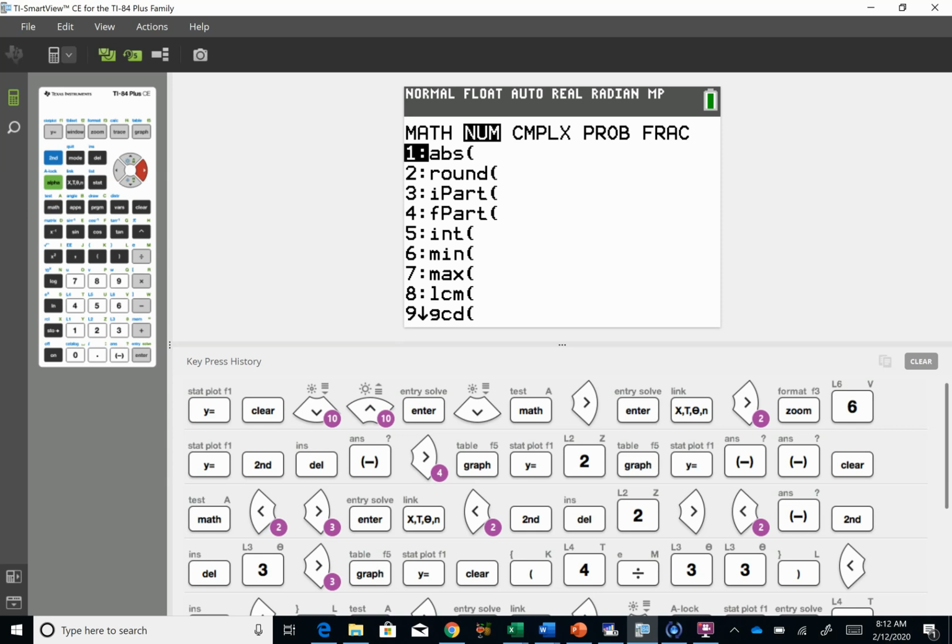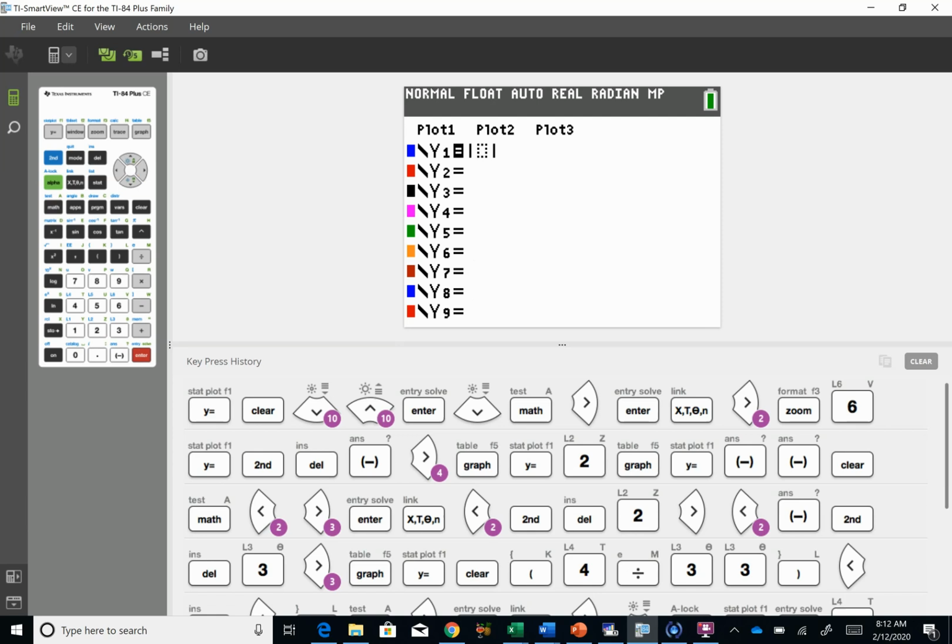Absolute value is abbreviated ABS, and we press enter. Remember, we talked yesterday, some of you will have a screen that looks like mine with the actual absolute value bars. Some of you will have ABS with a parenthesis.